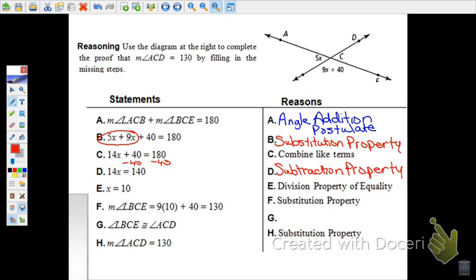To go from D to E, we divided both sides by 14. So division property. They're actually being even more specific and saying of equality, we're not going to require you to put that, but you do need to have division property.